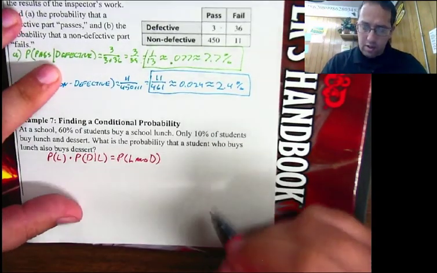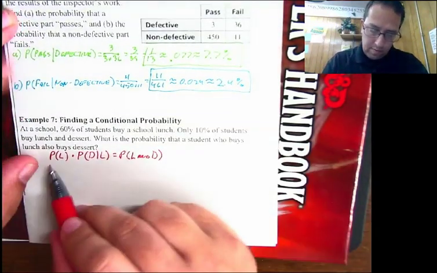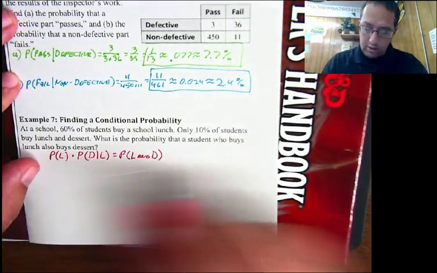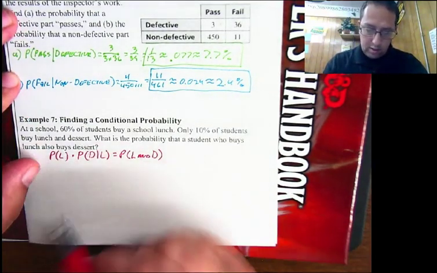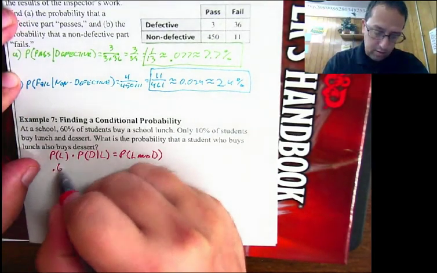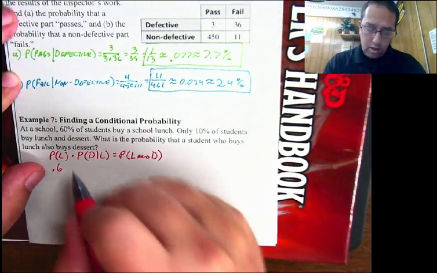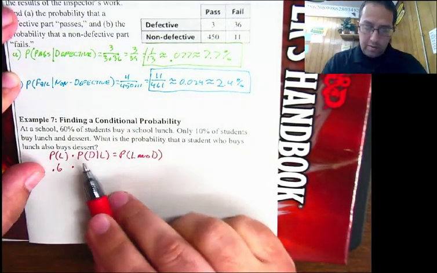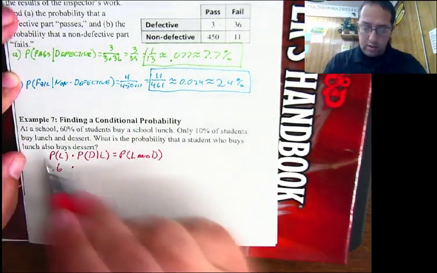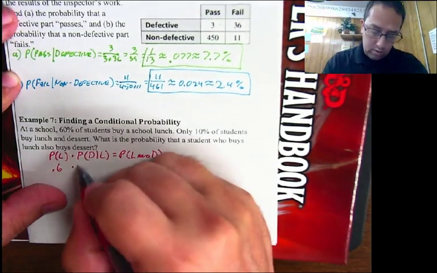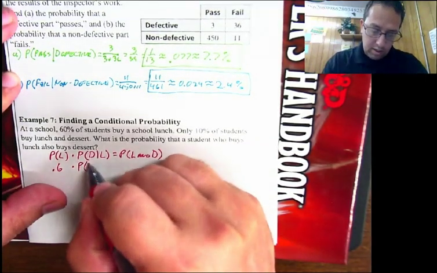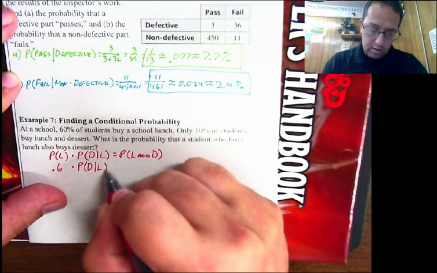All right? So let's just see here. Probability that someone buys lunch would be 60%. Put this as a decimal because it's easy to multiply decimals, and percents not so much. Times the probability that they get lunch and dessert. Well, that's what we didn't know. So probability that they get dessert given they already bought lunch.